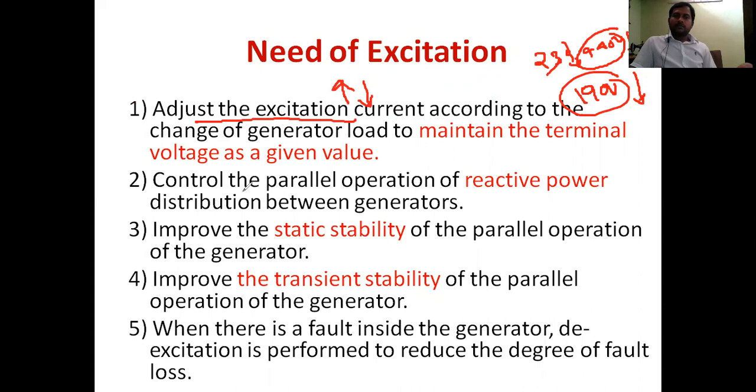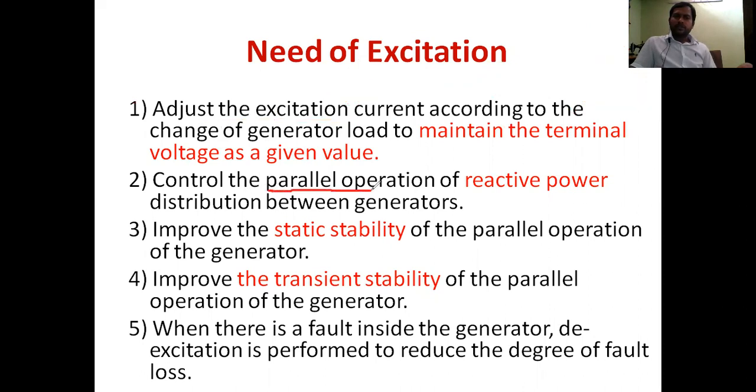And the next one is the most important one, parallel operation. In the control of a parallel operation, reactive power is distributed between the generators. For example, if two alternators are connected in parallel, the load is shared between these two in terms of reactive power only.